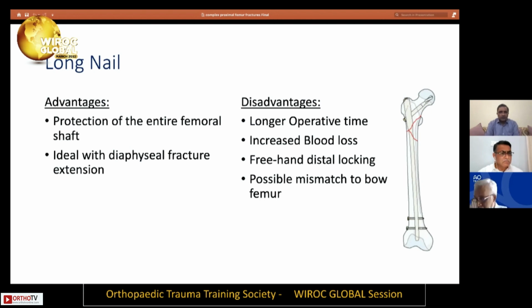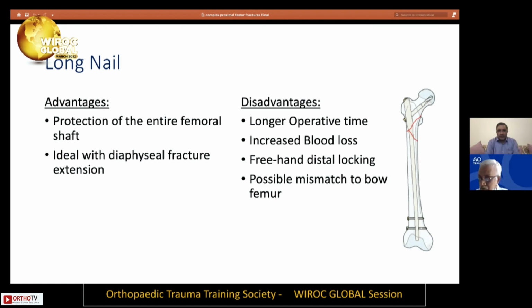Long nail has a few advantages over the short nail. It provides protection of the entire femoral shaft. It's ideal when there is an associated diaphyseal fracture, but there are certain disadvantages of this nail as well. It takes a longer time to insert this nail. There is slightly increased blood loss.